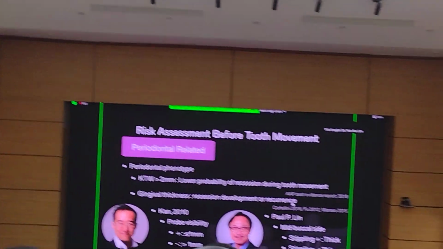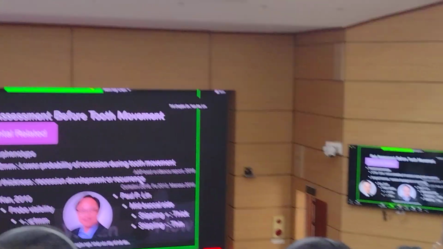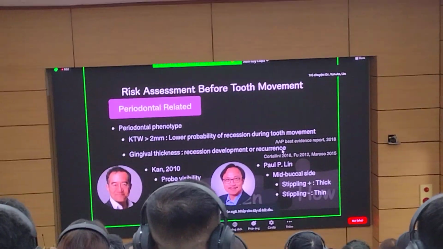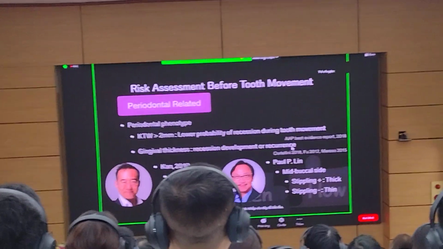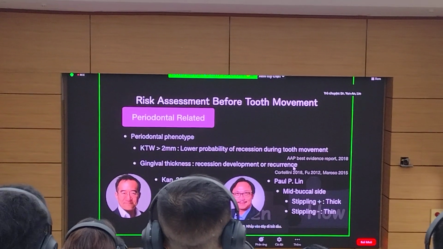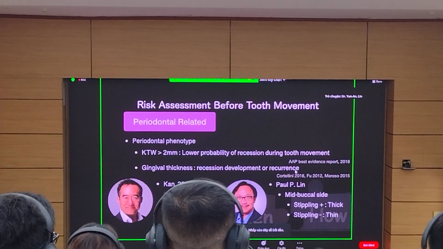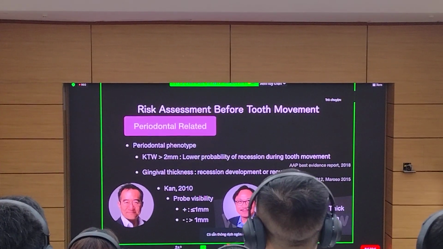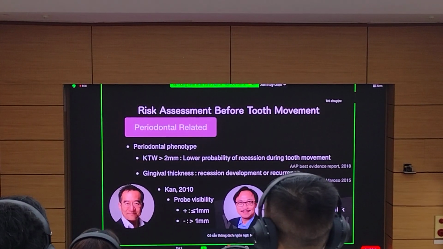He said that if some stippling can be observed over the mid-buccal side, he will classify it as thick gingiva. On the contrary, if there is no stippling, the gingiva is thin. So clinically, I usually use these two kinds of techniques to identify the thickness of the gingiva.